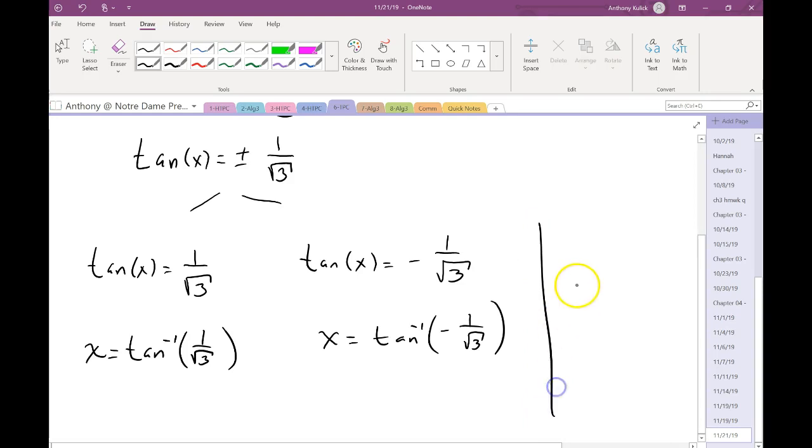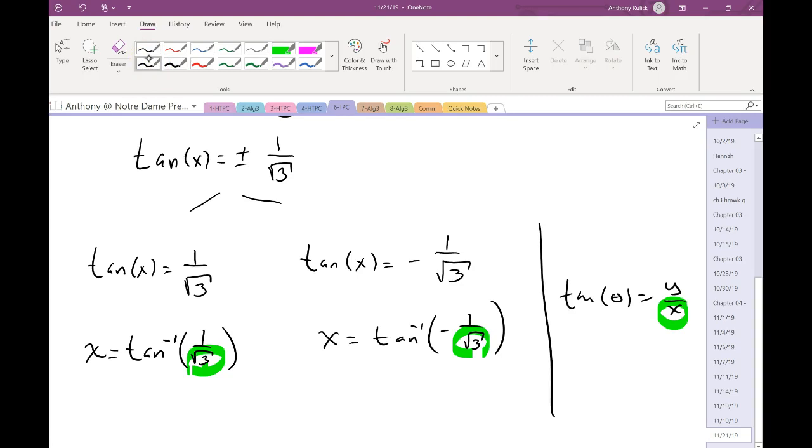Yeah, so remember that tangent is y over x. So here what I'm going to do is look for a place where the x coordinate has a square root of 3 in it. It's just kind of harder to see what you're looking for on the unit circle if you've done that.